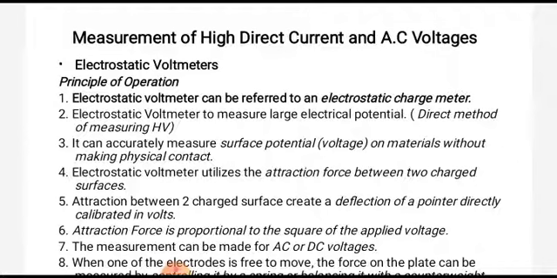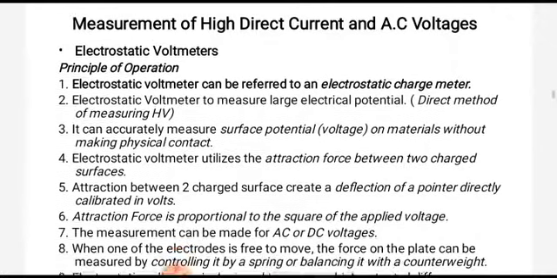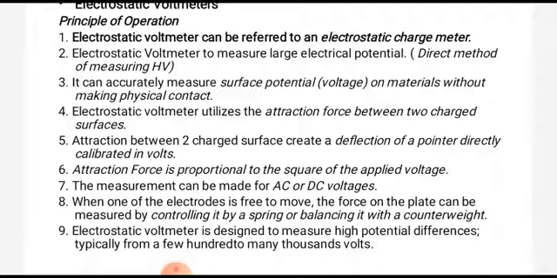It utilizes the attraction force between two charged surfaces to create a deflection of a pointer directly calibrated in volts. The attraction force is proportional to the square of the applied voltage, and it can measure either AC voltages or DC voltages.